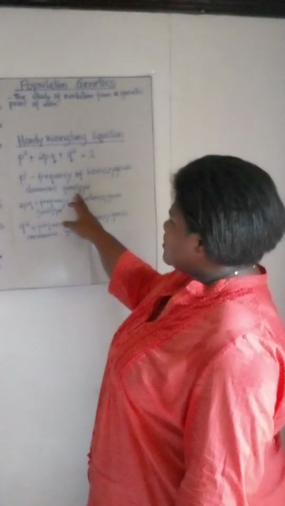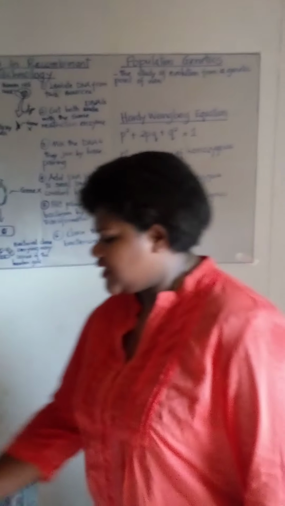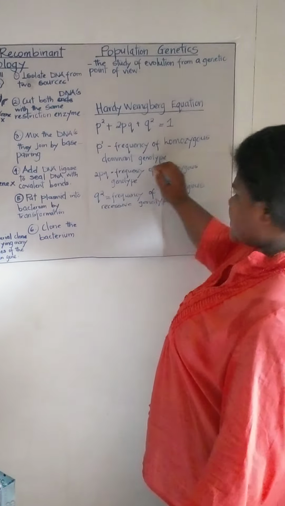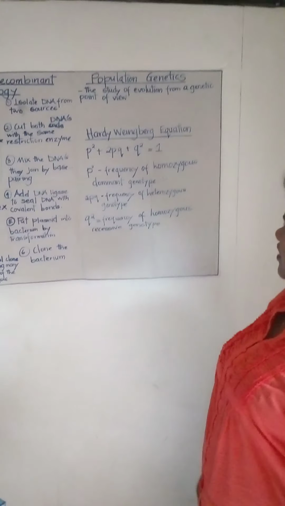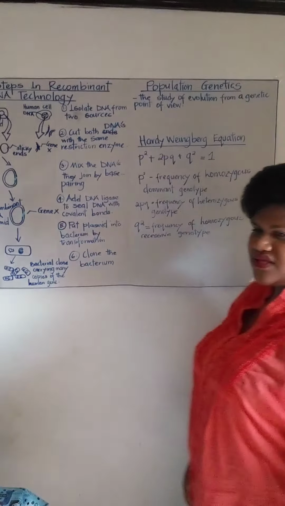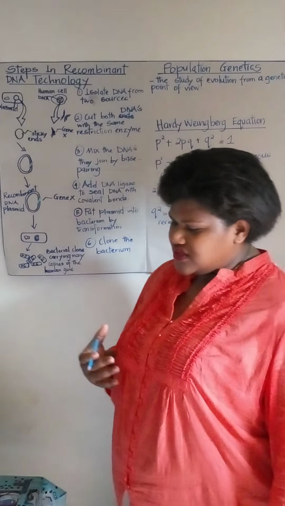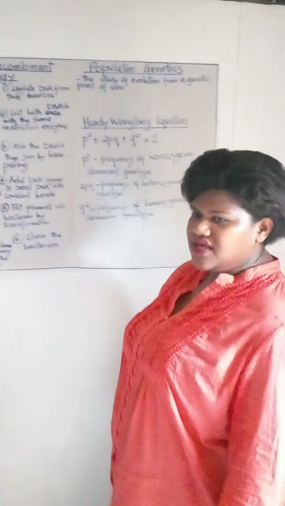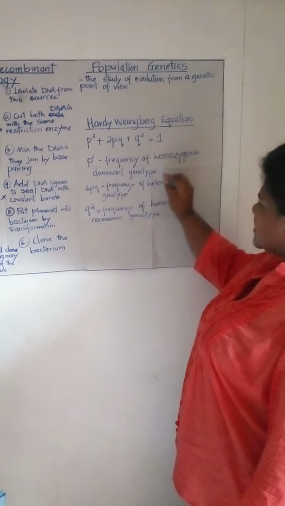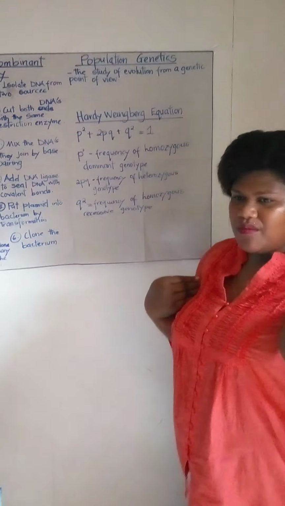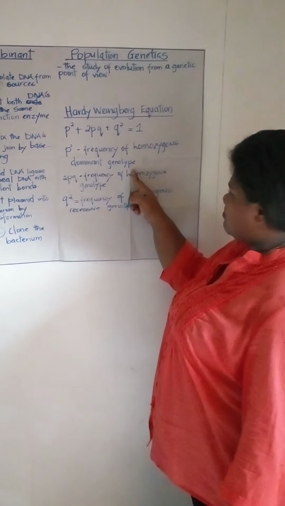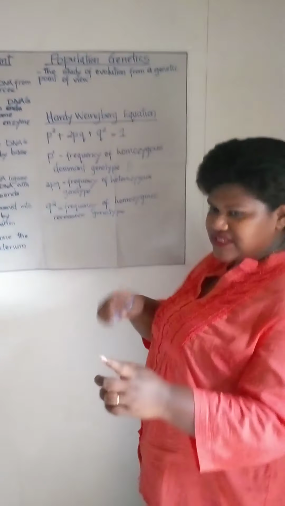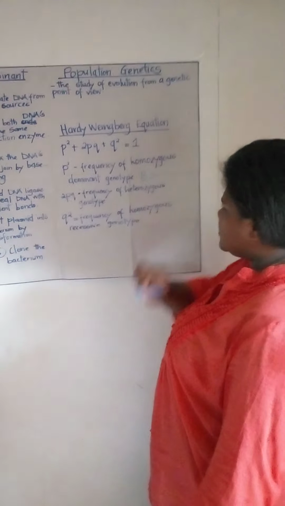A dominant genotype will be written as a capital letter. Genotype means the genes we can see in our body. So p squared is the frequency of homozygous dominant genotype, capital letters BB, that's dominant.